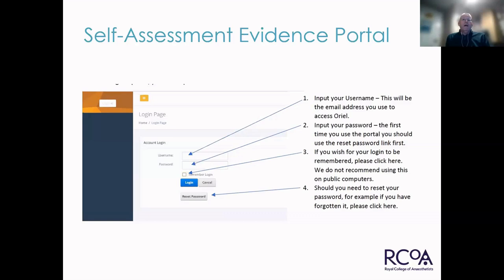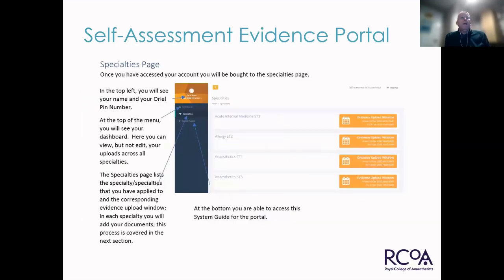So the self-assessment portal, you will be given a username and password, and you need to be able to log in, obviously, to present your evidence. It will ask you about the specialties page, and you'll see up on the left-hand side of the screen your Oriel PIN number, and then you'll have a dashboard. And that will give you information about what you're applying for. Obviously, from our point of view, these slides are old, it will not be anaesthetics ST3, it will be anaesthetics ST4.